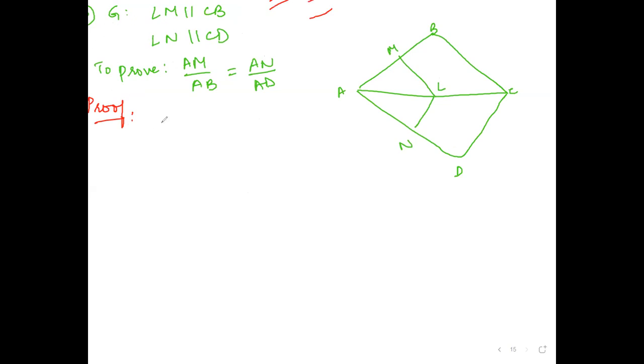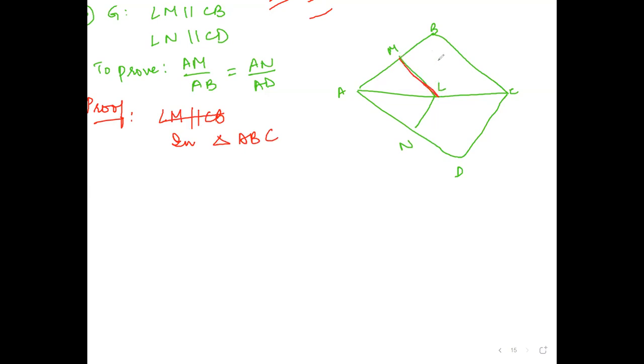See, this is the first condition which is given, that LM is parallel to... Ma'am, shouldn't we write, like, in triangle ABC, LM is parallel to CB? Okay, you can start from here also, that in triangle ABC, LM is parallel to CB.